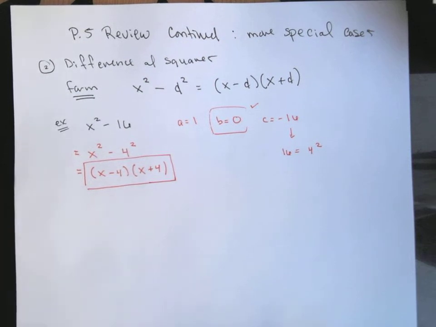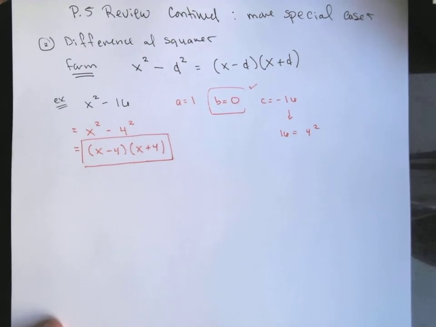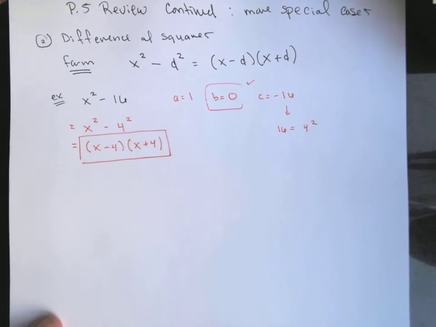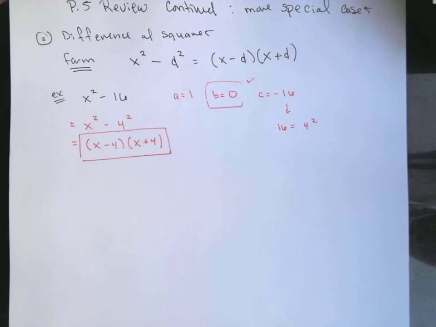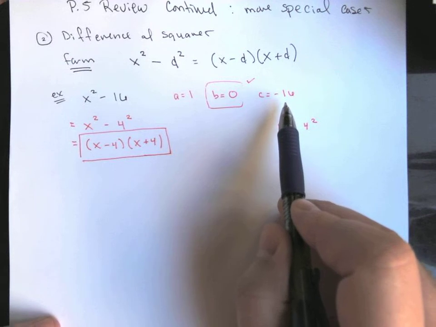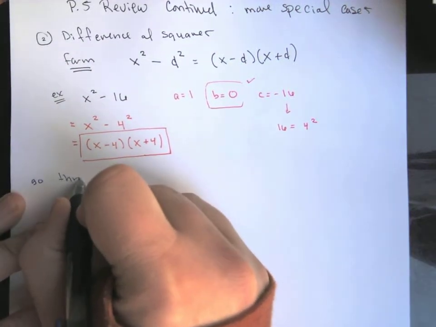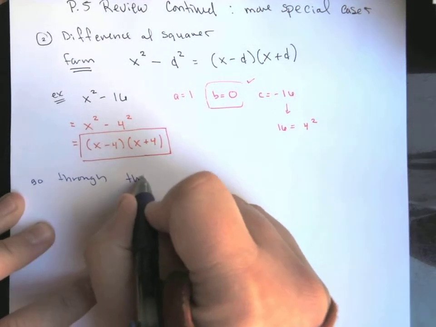Let's go through this in a little more detail to try to make sure we can believe it. You know, math isn't the kind of thing where we should just say, trust me. Let's actually try to justify this a little bit. So let's go through the steps based on A is 1, B is 0, C is negative 16.